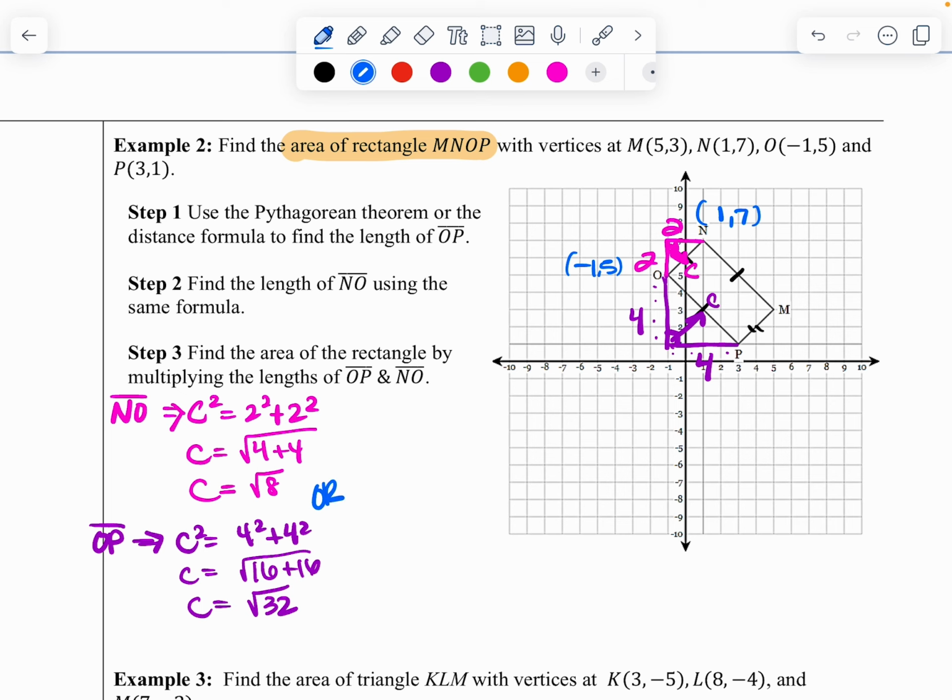So I can say that D is the square root of 1 minus negative 1 squared plus 7 minus 5 squared, which still gives me the square root of 8. And I can do the same thing for O and P, where P is 3, 1.